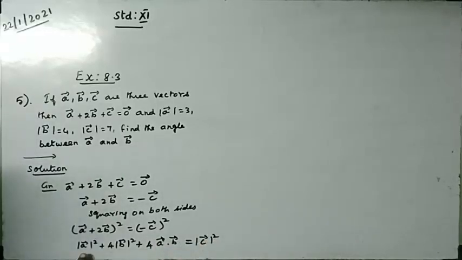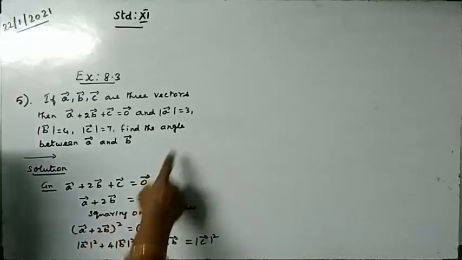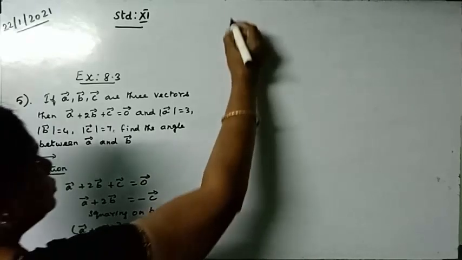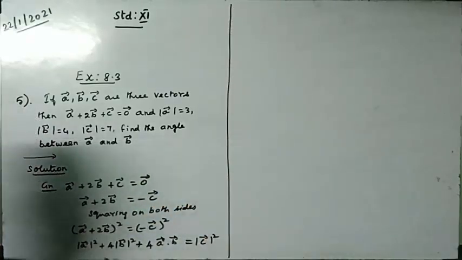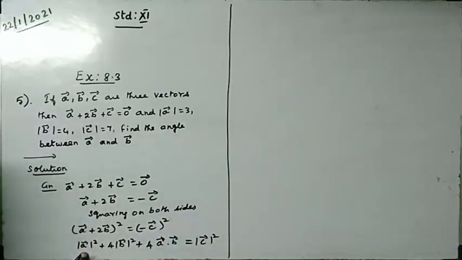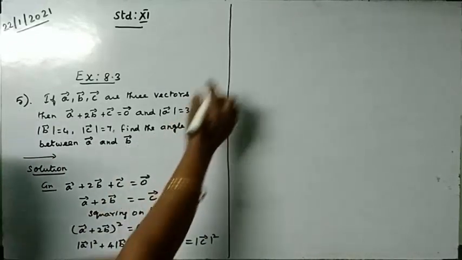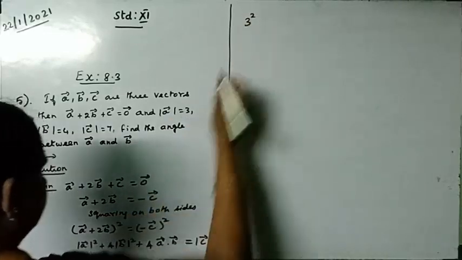Now the modulus of A vector, B vector, C vector values are given here, so it is better to substitute the values. Modulus of A vector is 3, so it becomes 3 square.